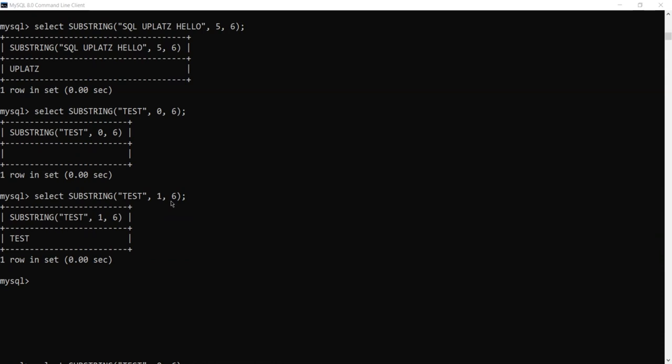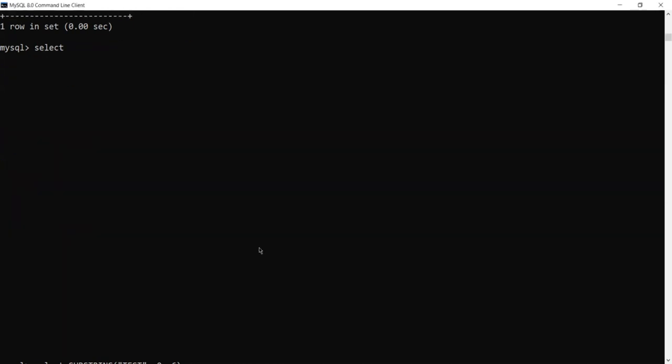Now what is this index? This function will return a substring of a string before a specified number of delimiter occurrences. That means substring_index will take three parameters. One will be the string, next will be the delimiter, and third will be the number. Let us try to demonstrate it to understand better.